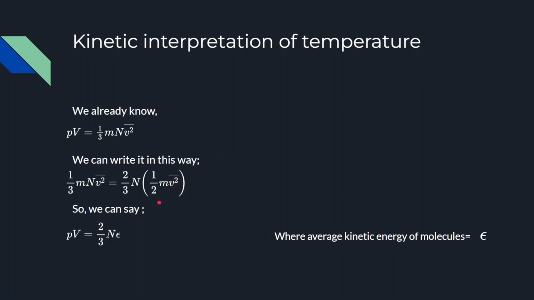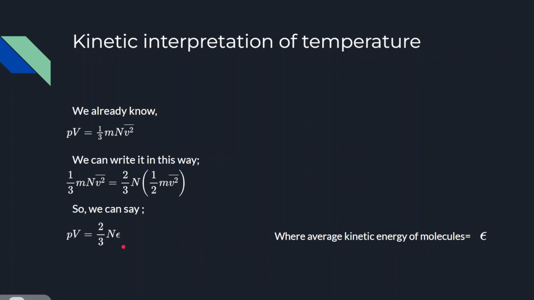This term is a term of kinetic energy, and as the velocity is the average velocity of all molecules, that kinetic energy should be the average kinetic energy of all molecules. We can denote it as epsilon, so PV is equal to 2 by 3 capital N epsilon, where epsilon is the average kinetic energy of the molecules.